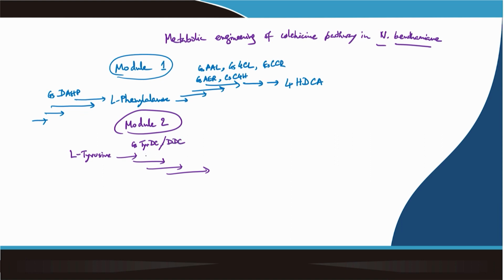They have taken another enzyme from another source, BV CYP76AD5. This is from Beta vulgaris, and that ultimately makes dopamine.